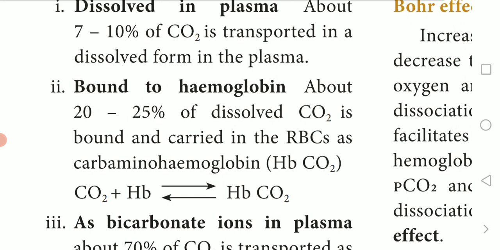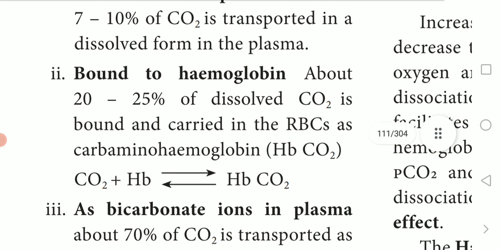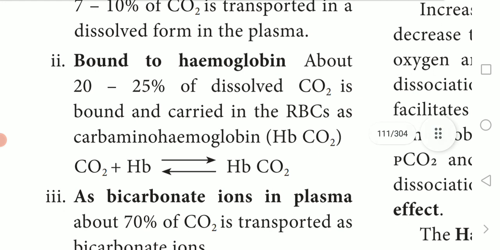Just underline and repeat this word: carbaminohemoglobin, HbCO2. Here, carbon dioxide plus Hb, meaning hemoglobin. Look at the equation: they join together and form carbaminohemoglobin. That is the second step.